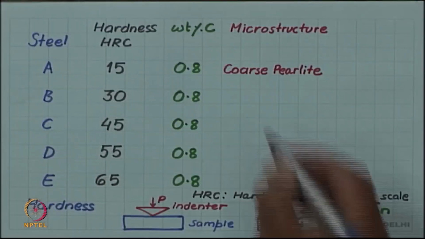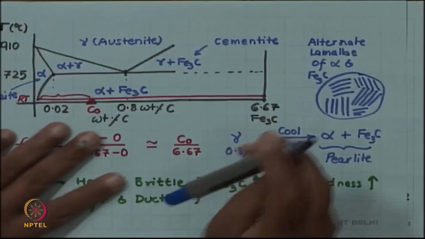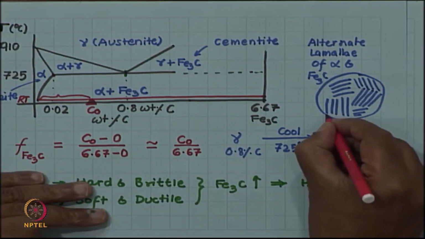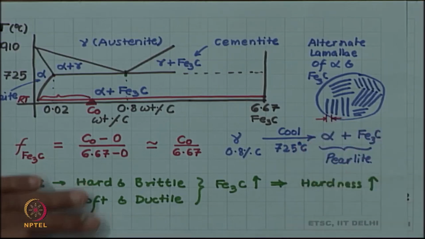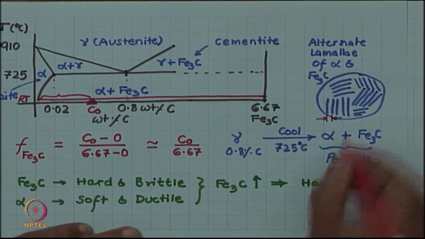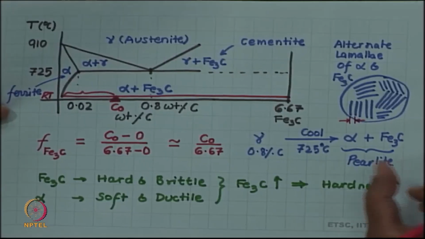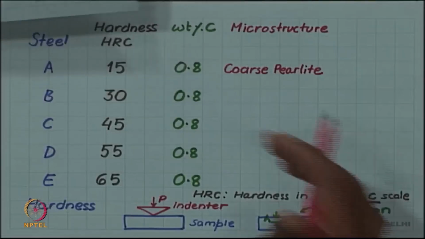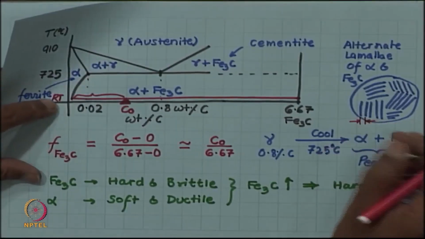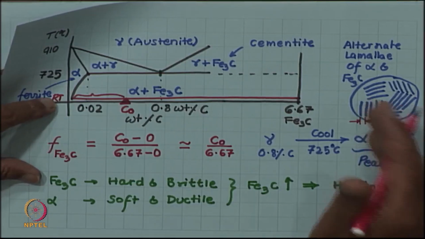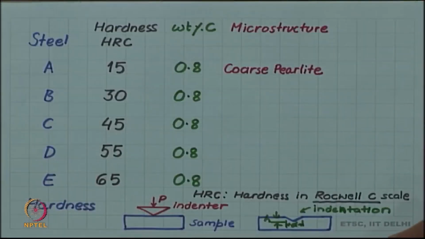And when we say coarse pearlite, we mean the spacing of these pearlite plates. So, this is the spacing from one plate to the next plate, that is called the pearlite spacing. Coarse is of course a relative term, but depending on whether this spacing is very large, we will call it coarse pearlite. If this is very small, we will call it fine pearlite.